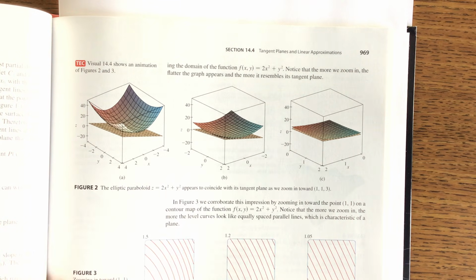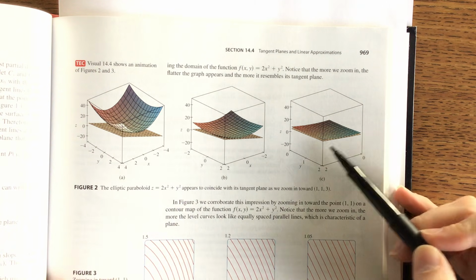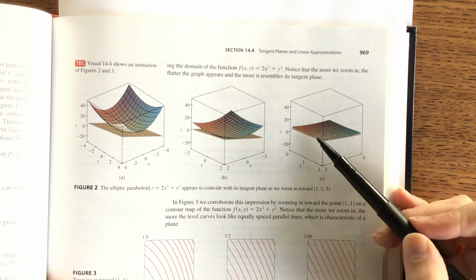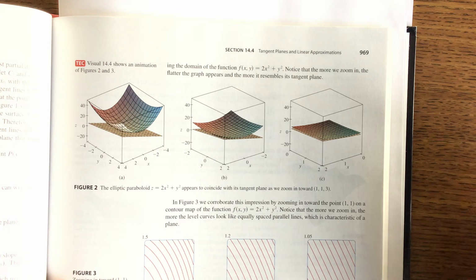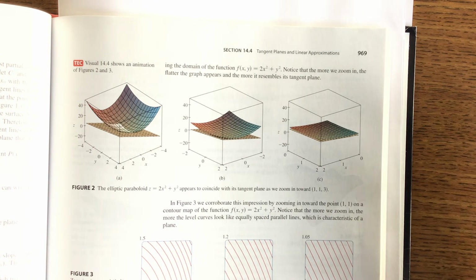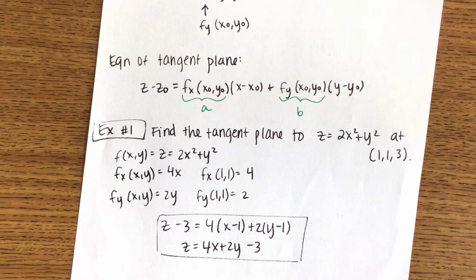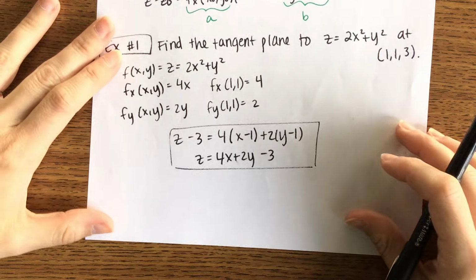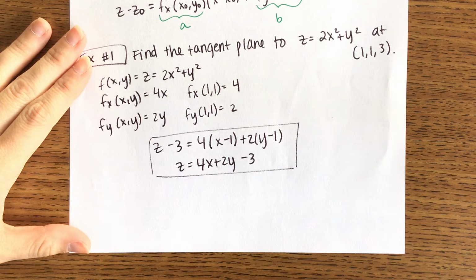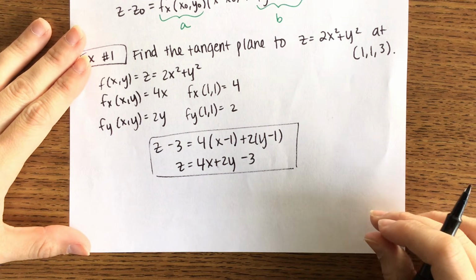So the idea that we're going to use now is we're going to find this tangent plane so that we can approximate the value of z at points that are close to 1, 1. Kind of like you did last year in 2D, now we're just doing it in 3D. With me? Okay, great. That's what we're going to do now then. Questions about tangent plane before we talk about using the tangent plane?